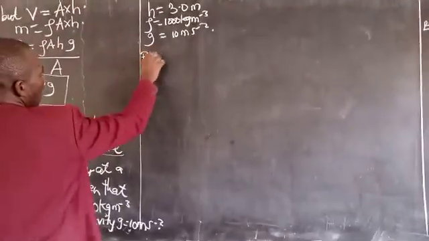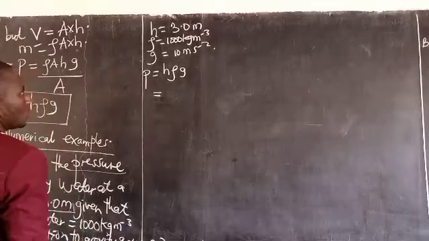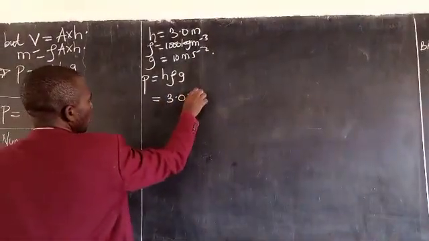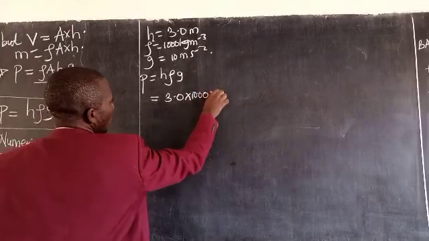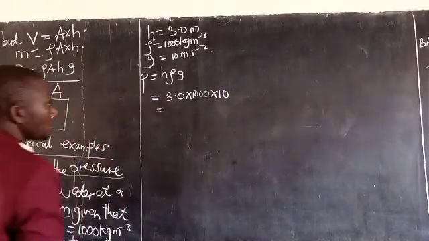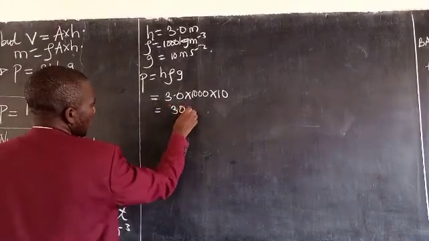So pressure equals H rho G, and this is equal to 3.0 times 1000 times 10, and this is equal to 30,000.